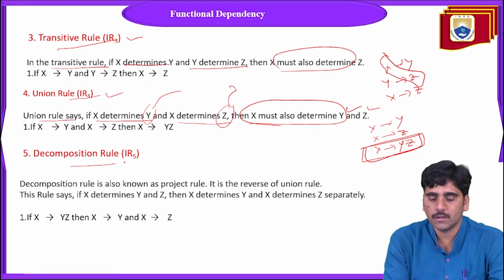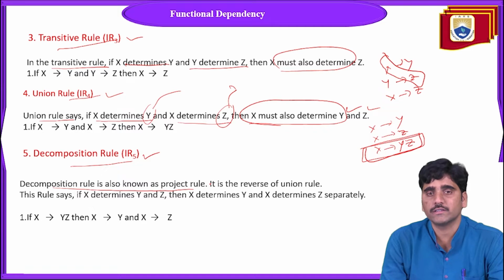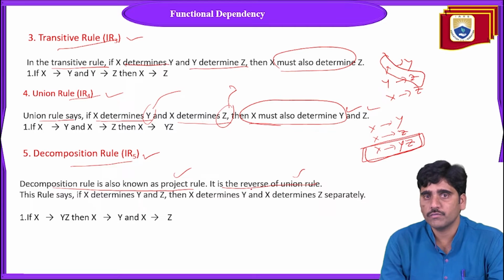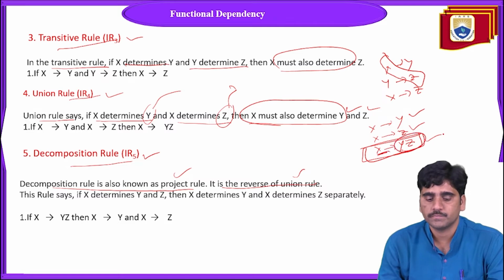And the next one, the decomposition rule. The decomposition rule is also known as the project rule, and it is the reverse of the union rule. In the union rule, we said if X determines Y and X determines Z, then X must also determine YZ both.